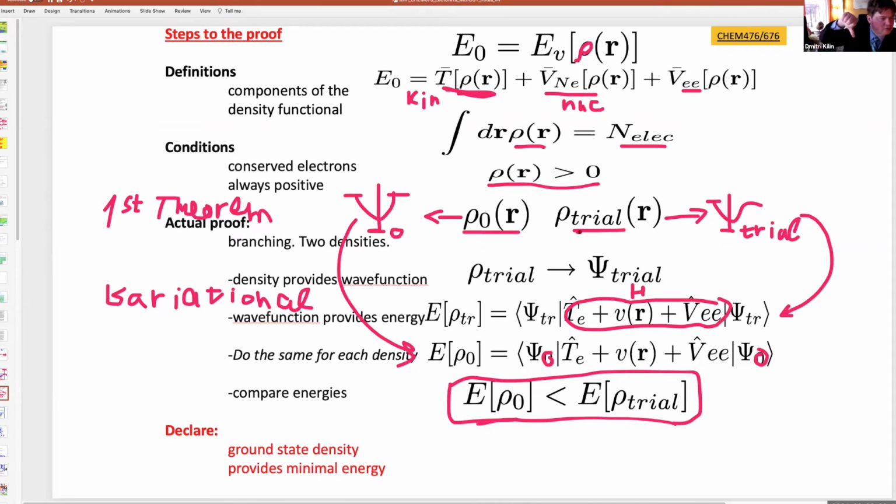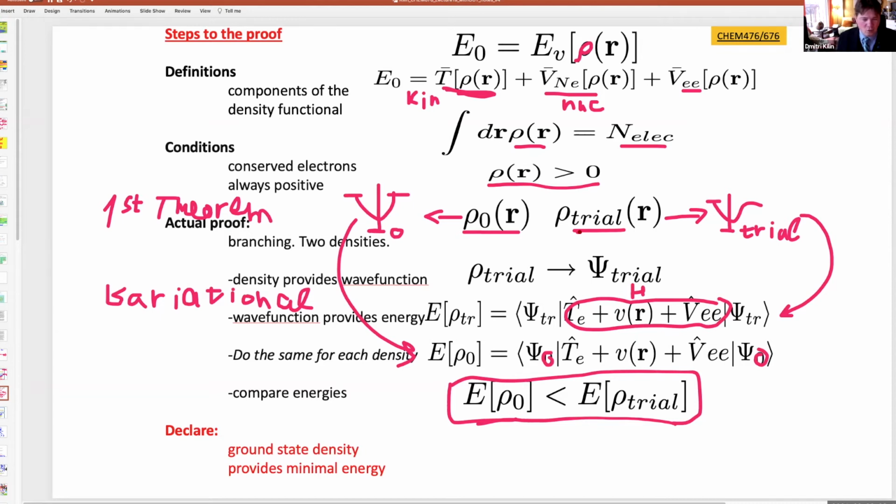Yes or no? Yes. Okay, so I didn't violate any logic in this step. Just blindly applying the variational principle to these 2 wave functions.